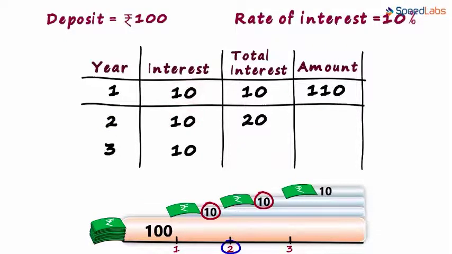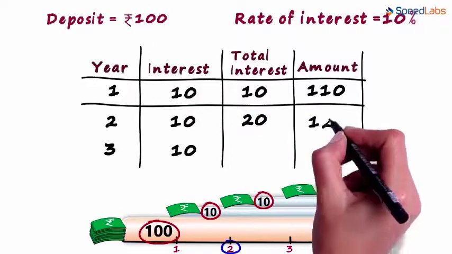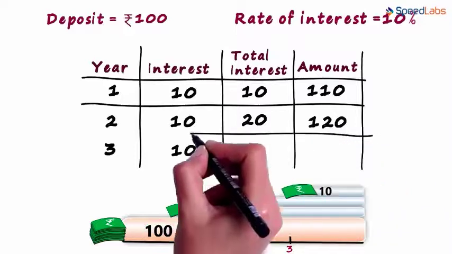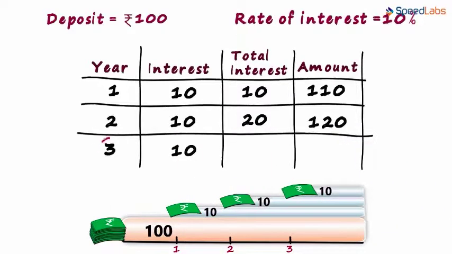And amount would equal 100 plus 20, which equals 120 rupees. And if you would have taken the money out after the third year, you would have got 10 plus 10 plus 10, which is 30 rupees as interest, and an amount equal to 130 rupees.